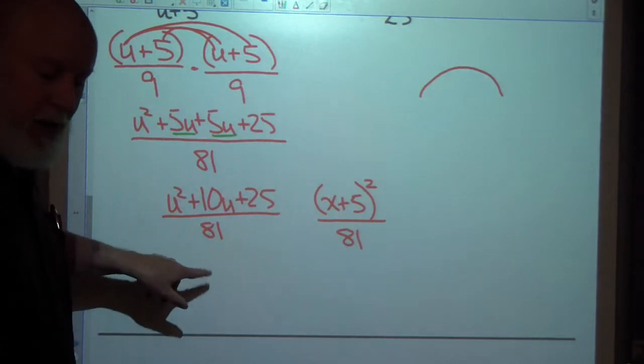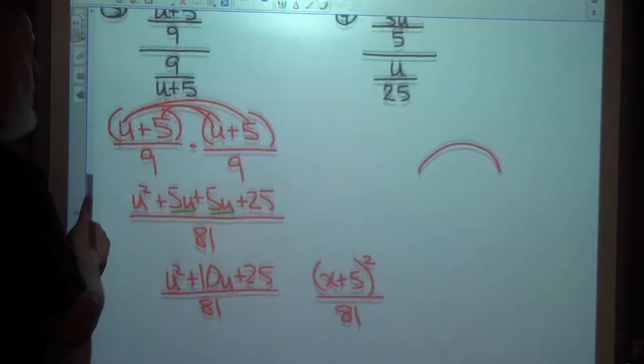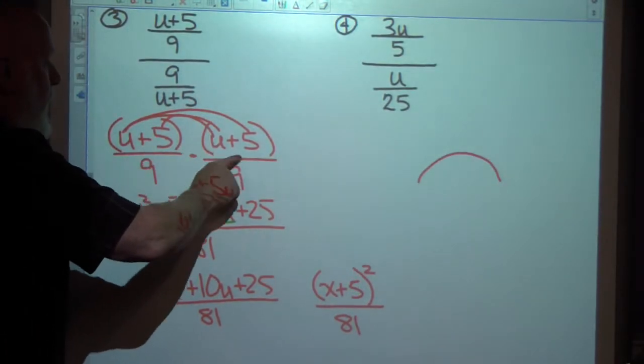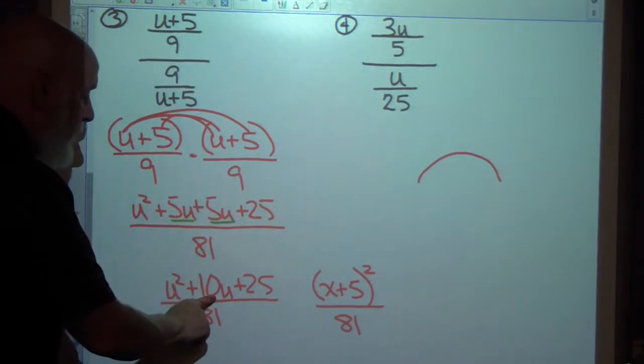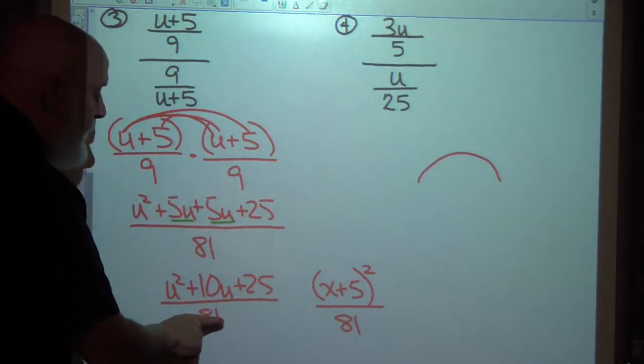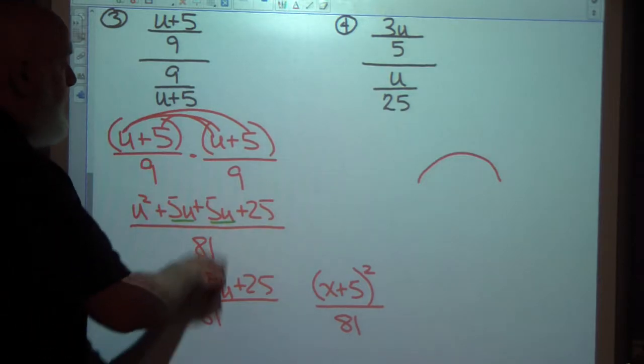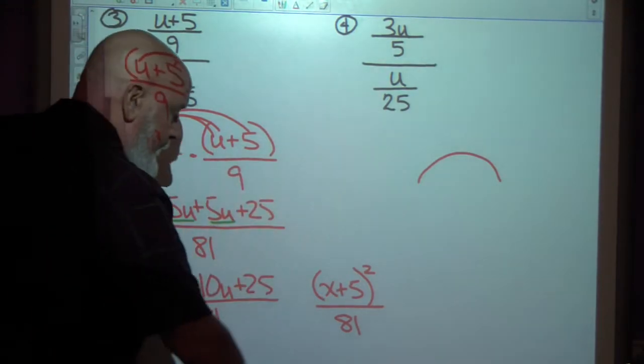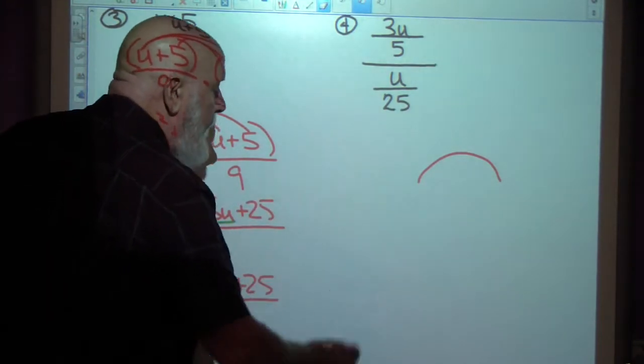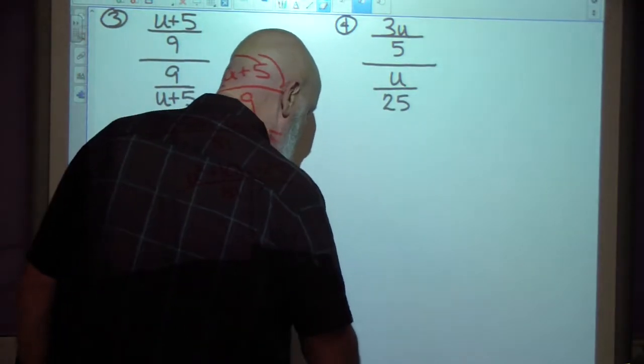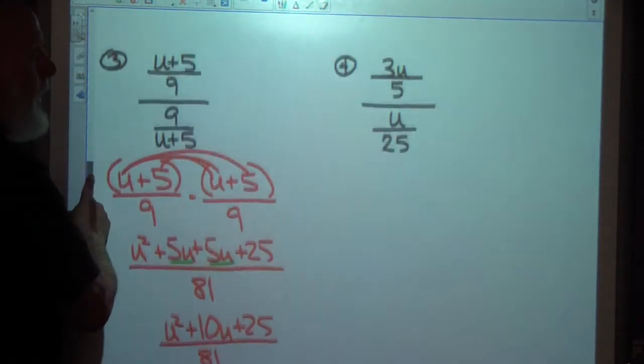Okay, so they went this route. They wanted me to FOIL this, combine my like terms, and write that as a quadratic trinomial over 81. I personally would have just called it this. But it's not how the key does it, so I'm glad I showed you both ways.